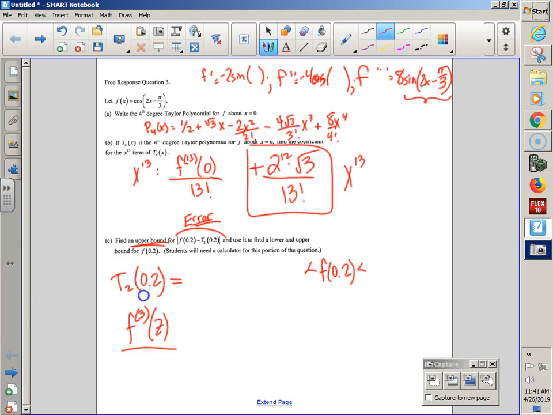And if I know that sine itself is always bounded between negative 1 and 1, the f triple prime is going to be bounded between negative 8 and 8, just doing it simply.